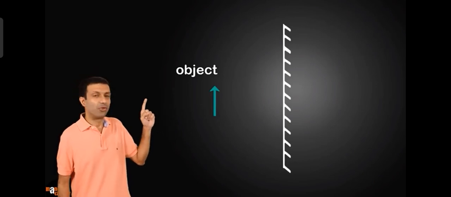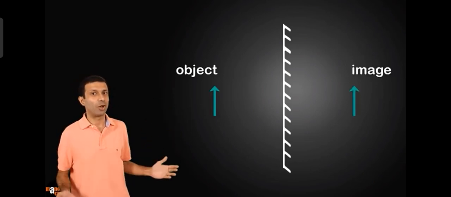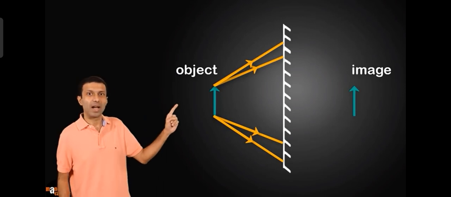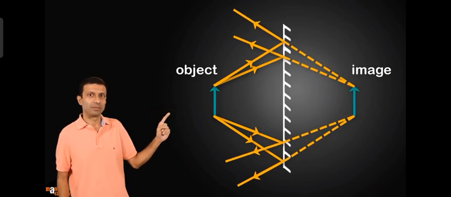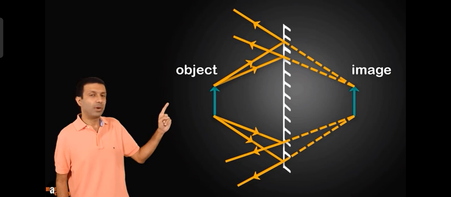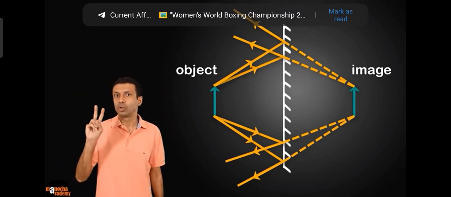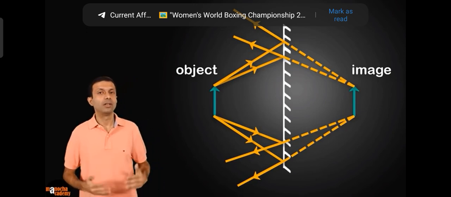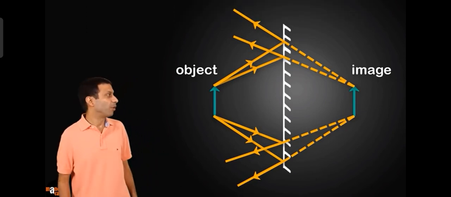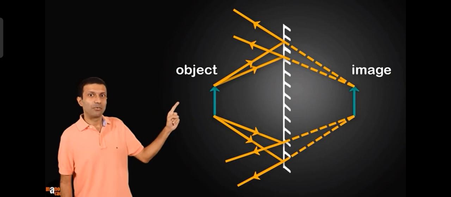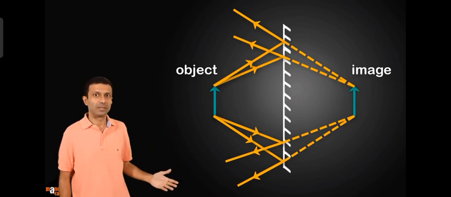We first draw the image and then we draw the light rays and produce them backwards to match the image. We take 2 rays from each point on the object because you need a minimum of 2 rays to obtain a point on the image. So for a plane mirror, the image is drawn first and then the light rays.